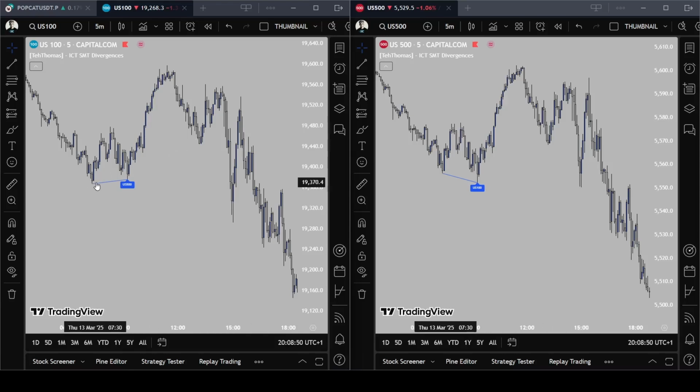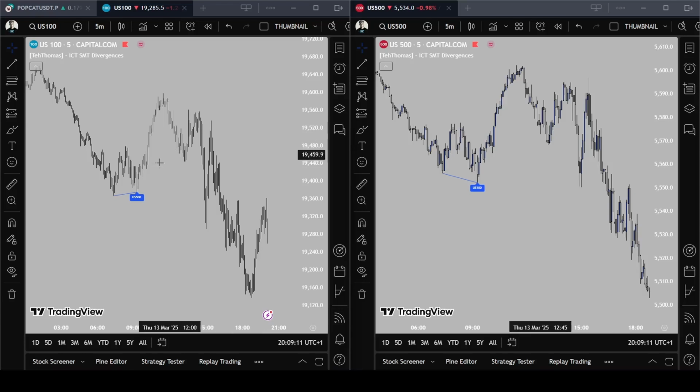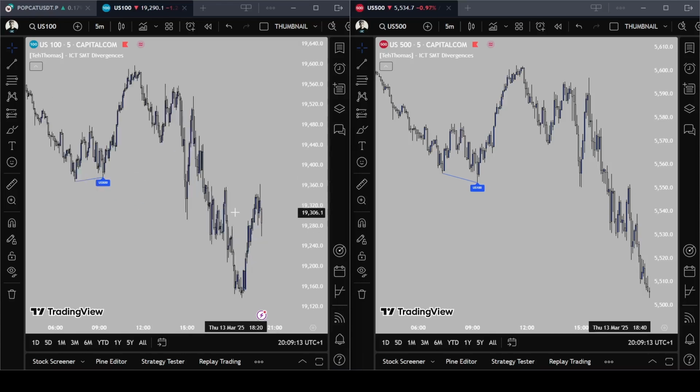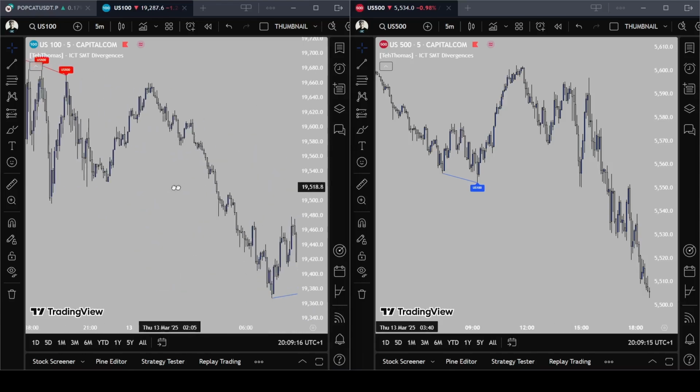That means the two lows are the opposite, and you can expect a bullish trend because it's trying to compensate in some kind of way. It's really hard to explain in a lot of detail, but if you want more information, you can look at the TradingView description. But as you can see here, it follows actually what it does, and I don't even pick this one. It's just the recent days.